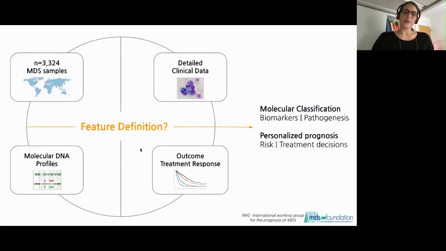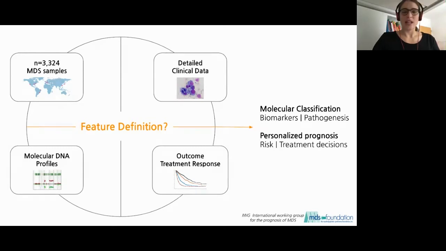So from this detailed molecular landscape of the disease, to move forward implementable molecular classification into molecularly informed disease subtypes, as well as prognosis modeling, one of the questions is how to encode features. And gene mutations tend to be encoded as binary, present or absent, and that's usually how they are clinically reported.